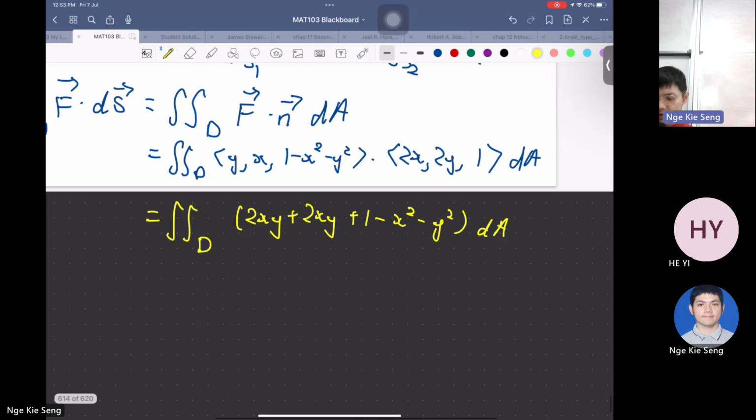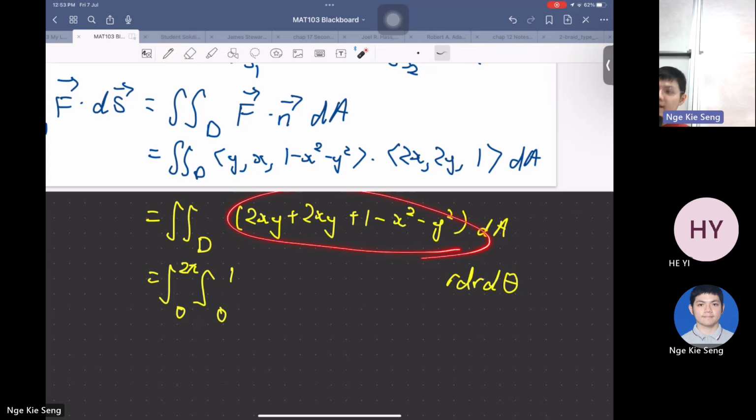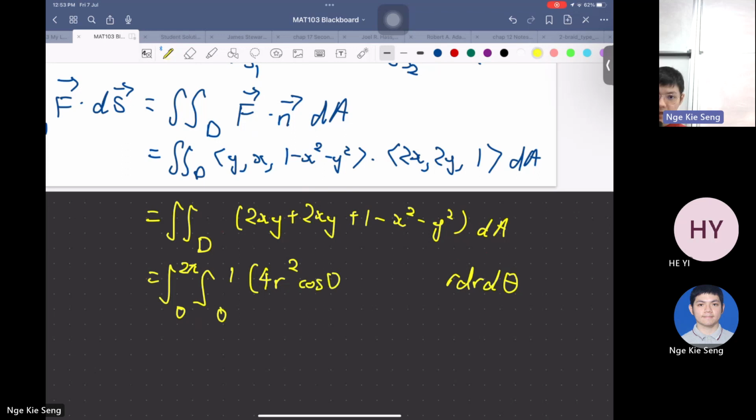We change to polar coordinates and get r dr dθ, integrating θ over 0 to 2π and r over 0 to 1. We swap everything in x and y into r and θ, with x = r cos θ and y = r sin θ. We get r times (4r² cos θ sin θ + 1 - r²).